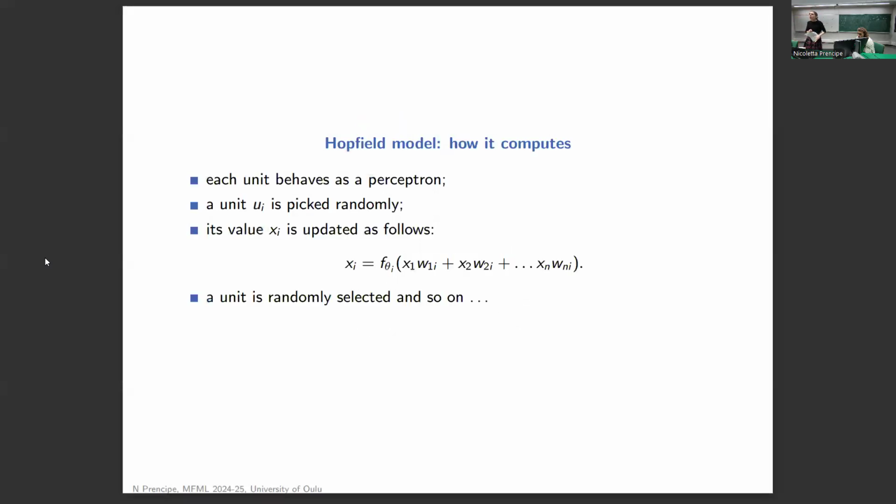How does this thing work? So each unit is a perceptron. I pick a unit, u_i, and we update the value in this way. It's not insane.